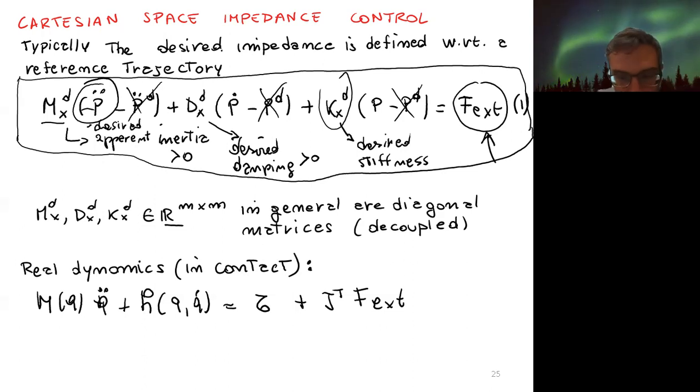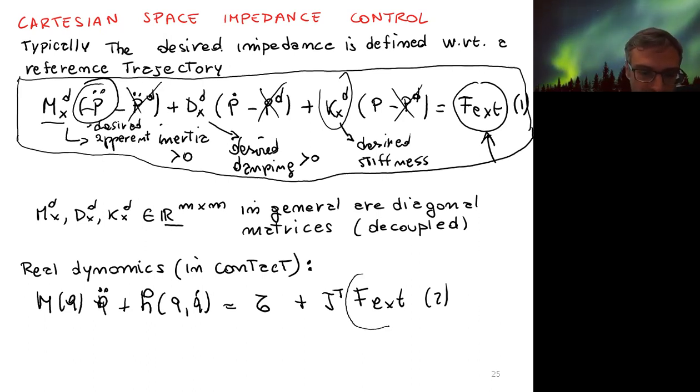So differently from the constraint dynamics case, where we were considering forces at the end effector that are generated by the attempt to violate the constraints, in this case we consider just forces coming from the measure of an external force sensor.